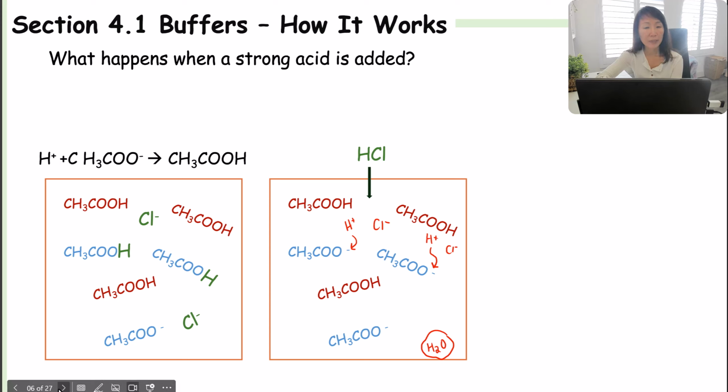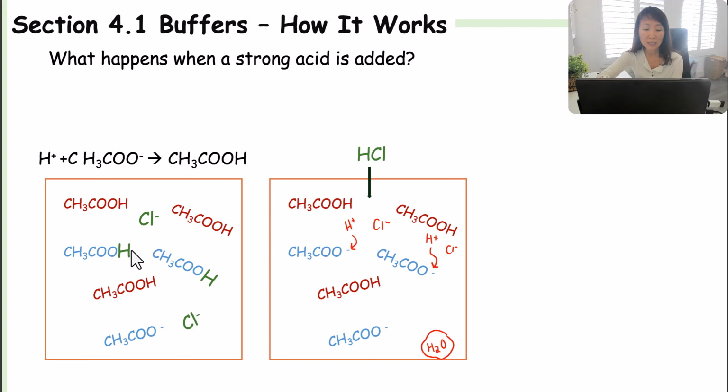If I were to put this in a formula equation, we can say the hydrogen ion, or we can even put hydronium ion, H plus, and the conjugate base, the acetate, go into a forward reaction where it forms acetic acid, which means it has an H attached.